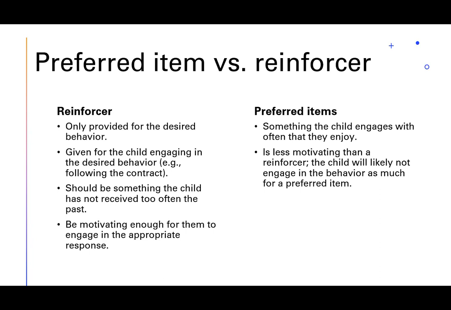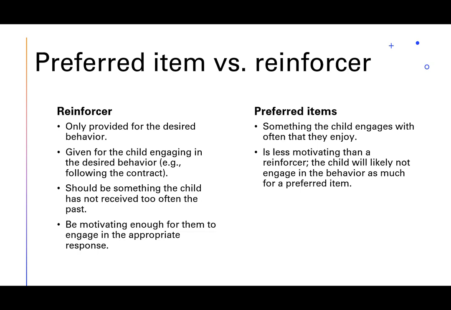So we're looking to find a reinforcer to use at the end of the behavior contract. So a reinforcer is only provided for the desired behavior. It's given to the child for engaging in the desired behavior. So in this instance, following the contract. It should be something that the child has not received too often in the past. So if they have access to playing video games every day, it probably won't work if you make that the reinforcer for engaging in the contract.